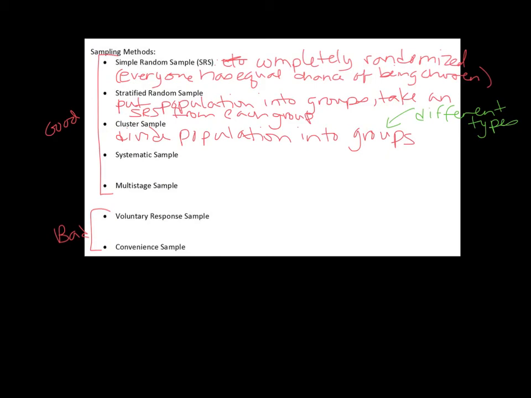And in a stratified random sample, you want similar people within each group or objects. Okay, so with the cluster, we're dividing the population into groups where you have a good representation of the entire population, and then you are going to sample everybody in each group.